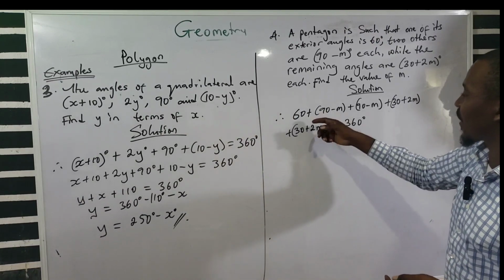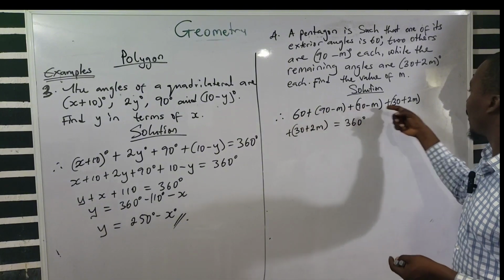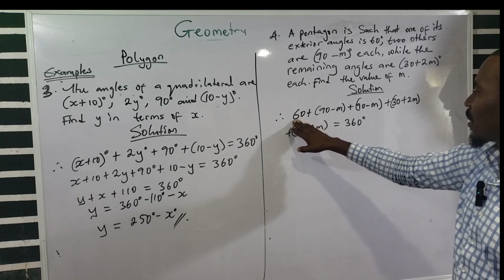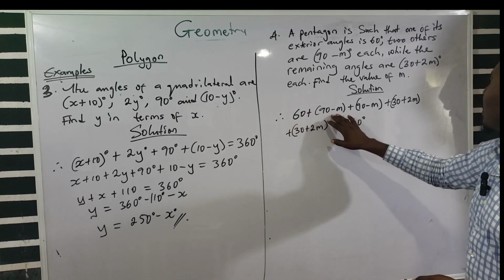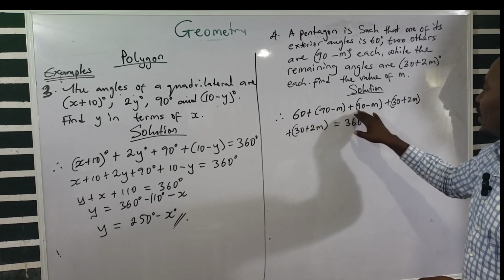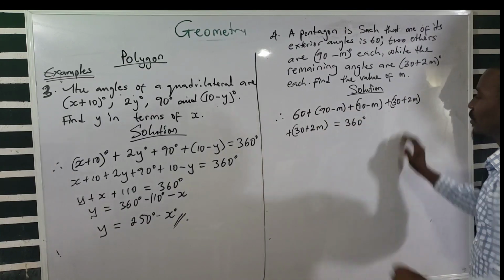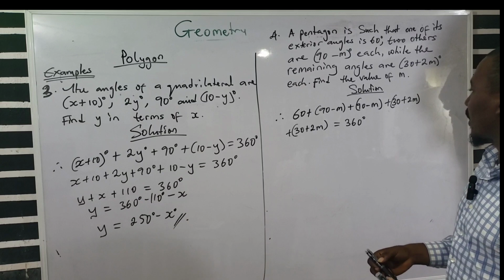A pentagon has 5 sides: 1, 2, 3, 4, 5. One of the exterior angles is 60, the two others are 90 minus m, while the remaining are two. So open the bracket and collect your like terms.